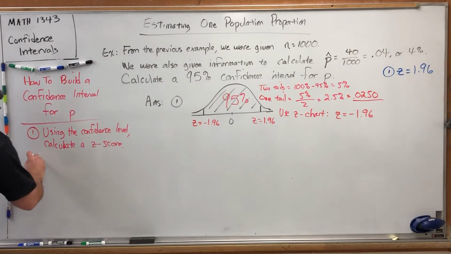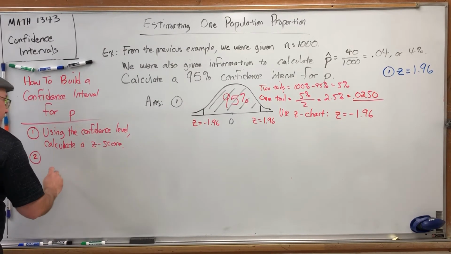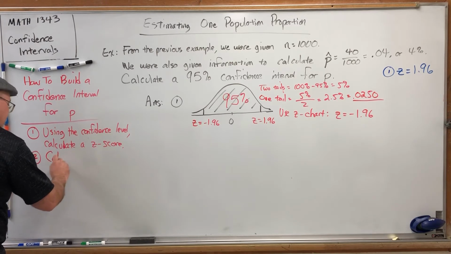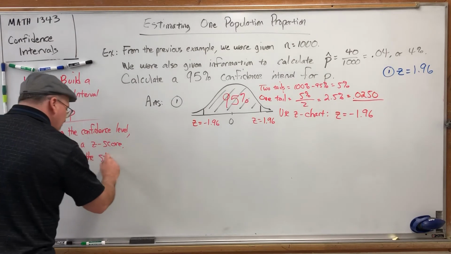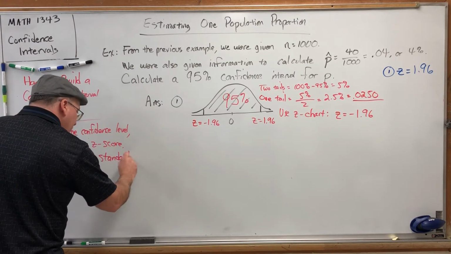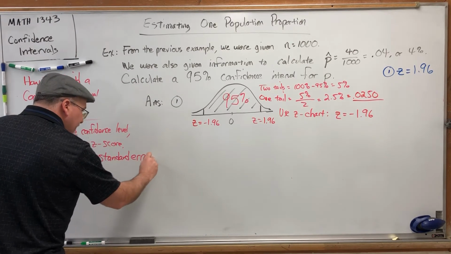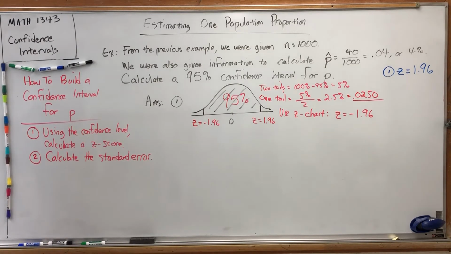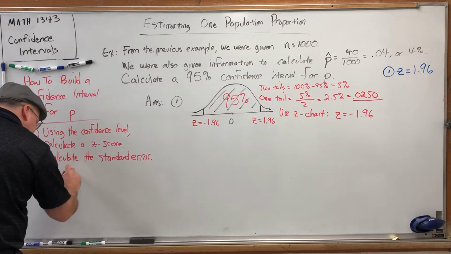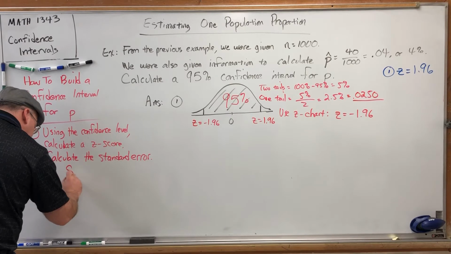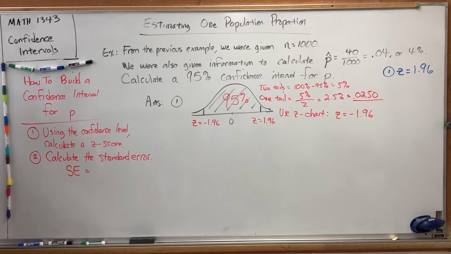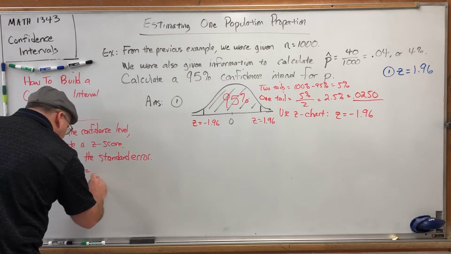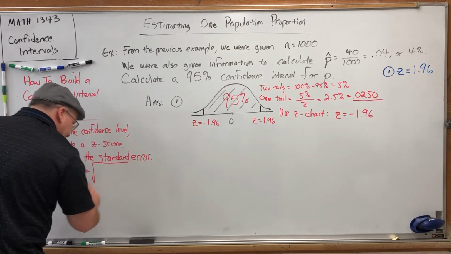Step number two is to calculate the standard error. Now, this is a formula, so I will go ahead and give you the formula. The formula for the standard error here, remember the variable for standard error is a capital SE, is a tall square root, and it's kind of long.